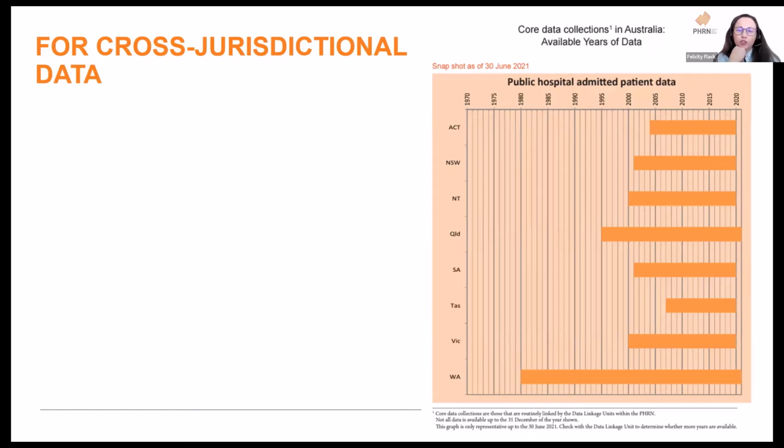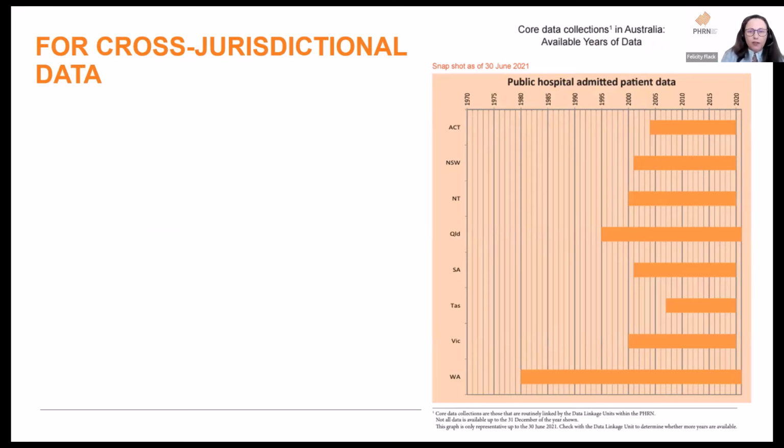So this one shows the public hospital admitted patient data, and you can see down the left-hand side the different jurisdictions, and you can see, for example, that WA has data back to about 1980, but everybody else is sort of in the 2000, 2005-ish mark. So if you want to involve everybody, you can't go back to 1980.